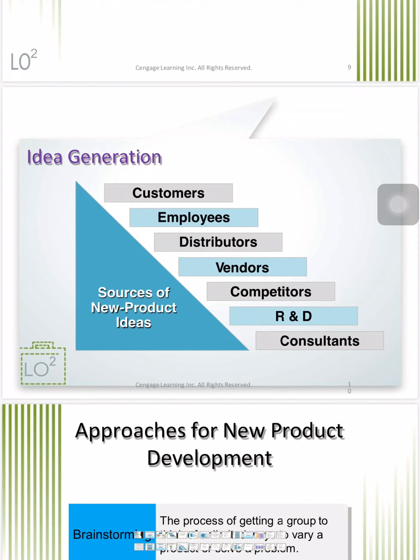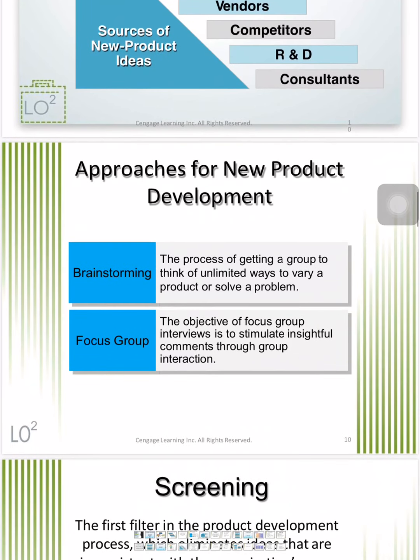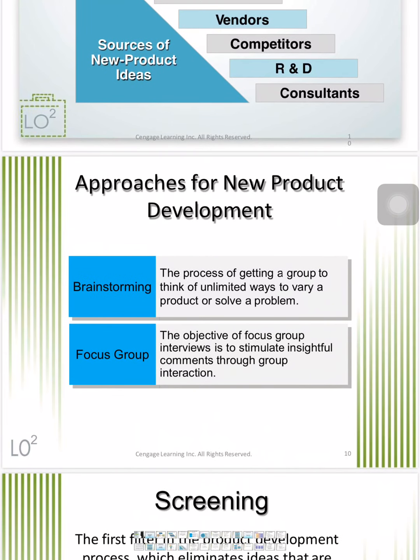Okay, and consultants, which means that the organizations hire externals to advise them, to generate ideas for them. So the consultant is paid by the organizations. Okay, I hope you are clear about the first step, which is idea generations.